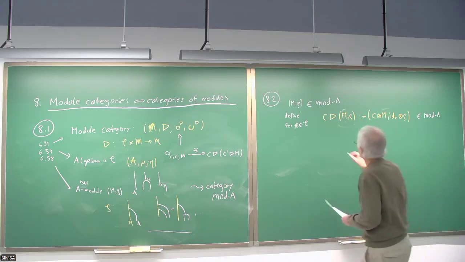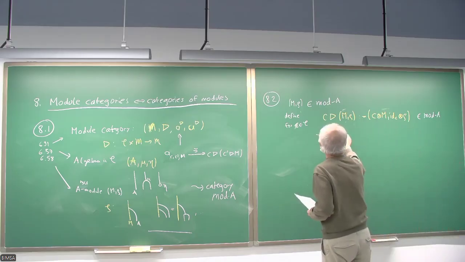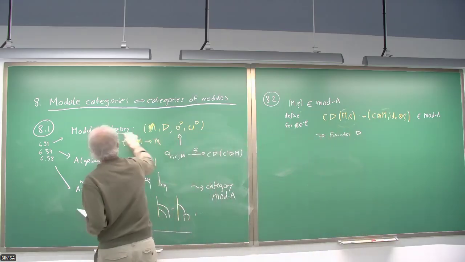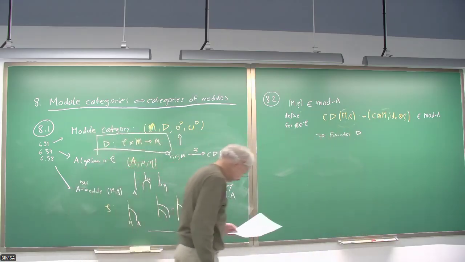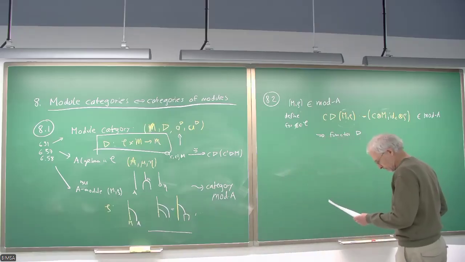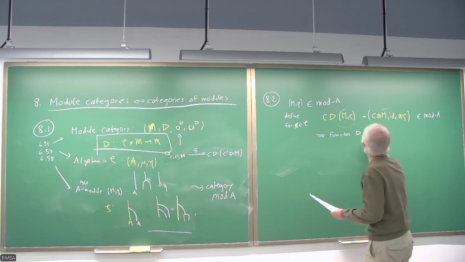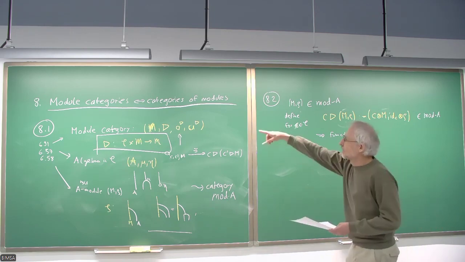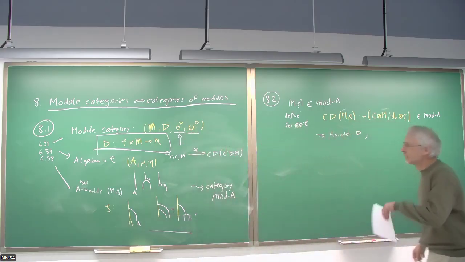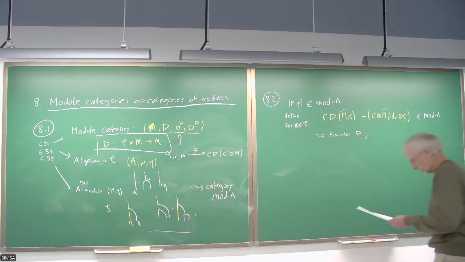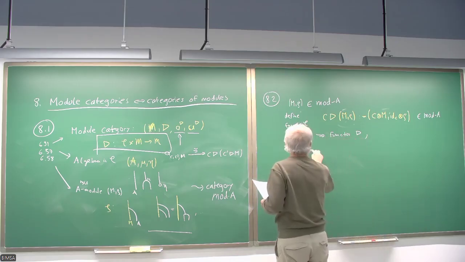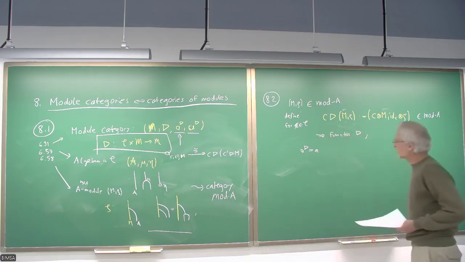But moreover, this gives a functor of this type. In order to get a module category, we have then to check that we have this mixed associator and uniter. Let me just write it down for the associator.